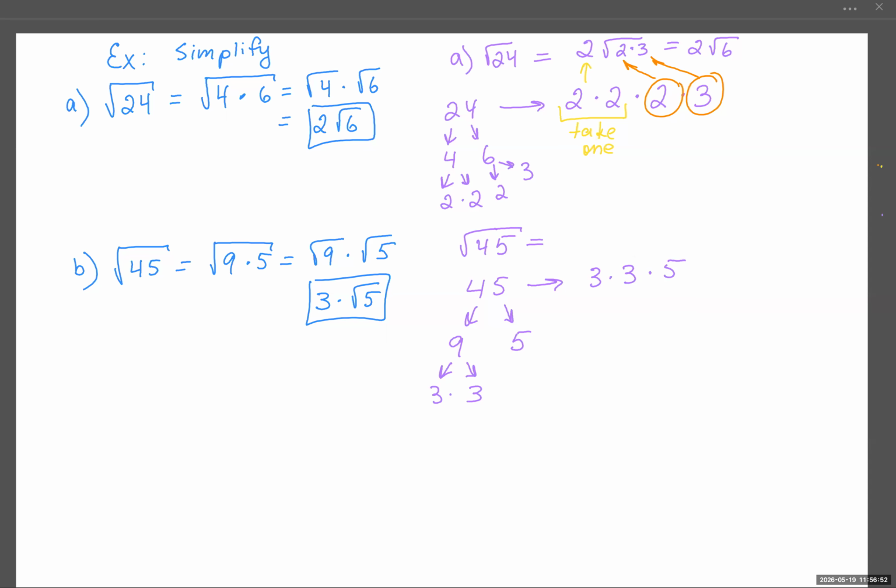And once again, you're going to pick the ones that are paired up. You're going to just take one, put it outside of the radical, then open the radical up, and the leftover number, the one that's not paired with anything, that goes inside the radical. So it's still 3 square roots of 5, which of course has to be the exact same answer as what we got on the left.